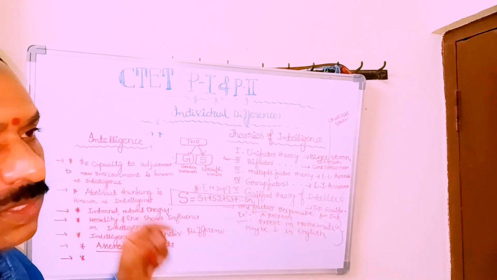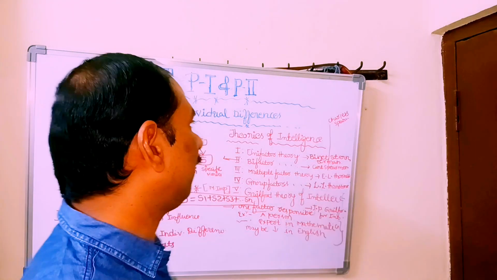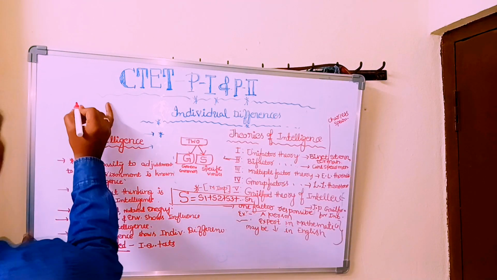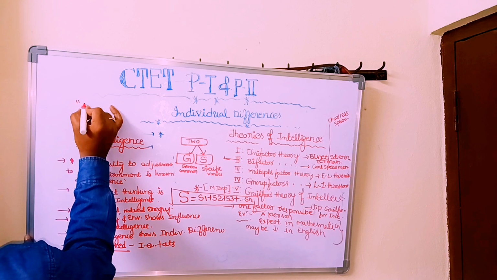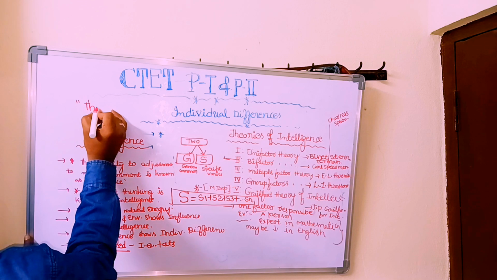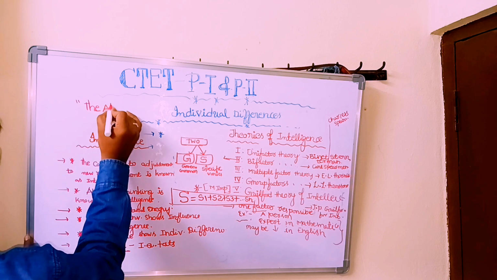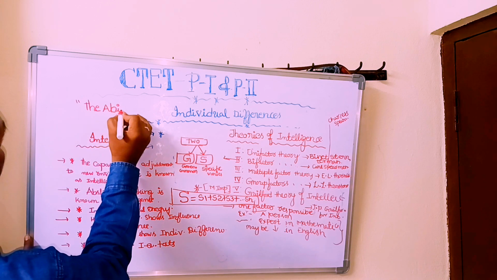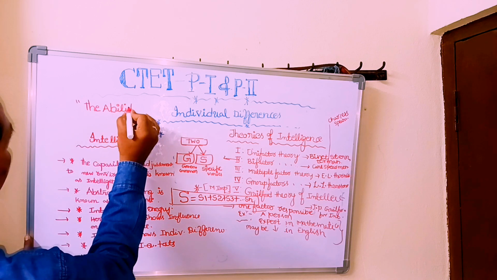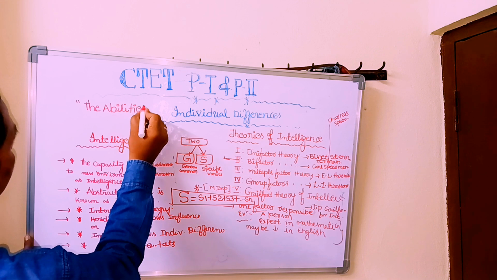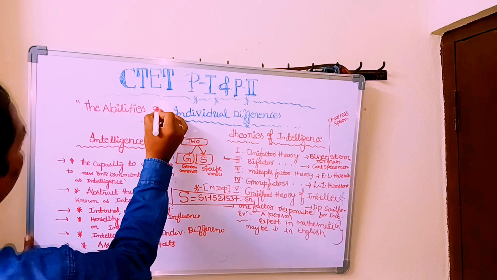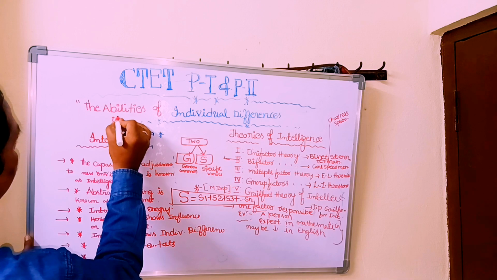This theory was explained by himself in The Abilities of Man.